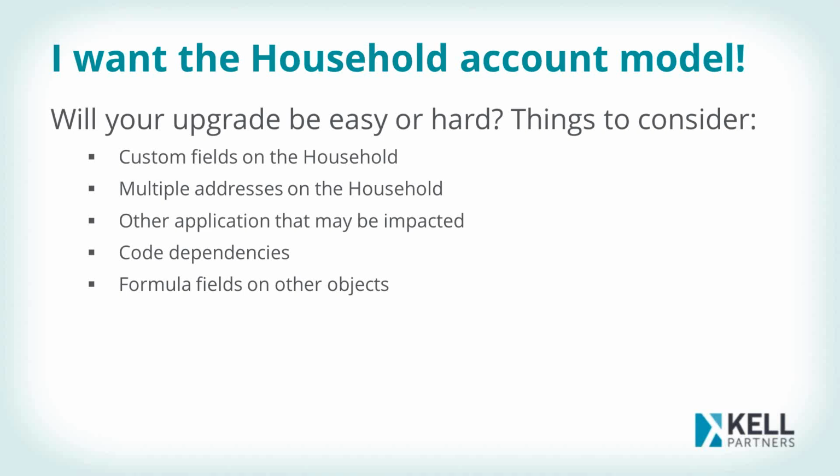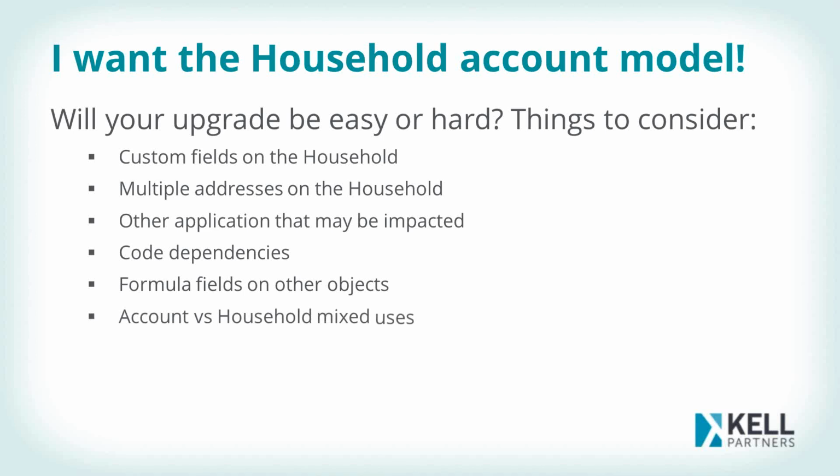So the household object is still going to be there, but as a part of your upgrade, you want to make sure that you're wiping out all that household object record data so that you can take advantage of the data storage savings that you get through the account model, correct? Yes, and that's one of the very, very last steps we do in the upgrade, we take care of that, of course, after doing a complete backup.